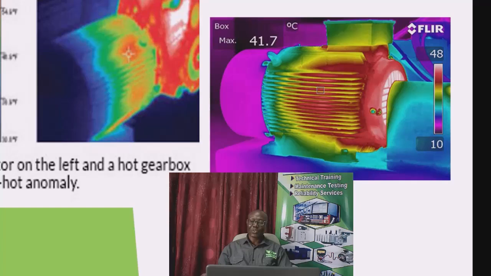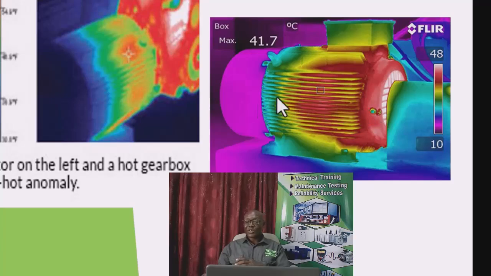Are we getting it? You see that heat around the bearing housing. This is a normal thermogram, with the normal level of heat around the housing. If it goes beyond what is normal, you will know that there is a problem developing in that area.